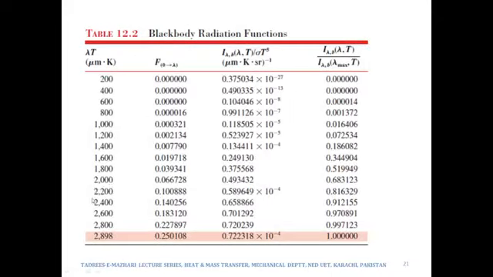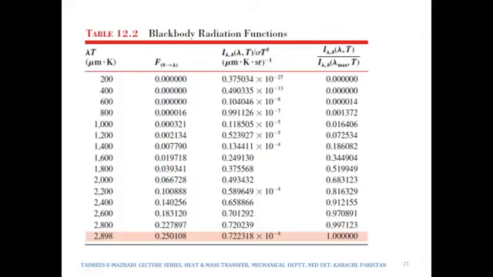Now at 2320, at 2200 this fraction is 10%, and at 2400 micrometer Kelvin this fraction is 14%, 0.14. So at about 2300 that would be near 12%, or just more than 12%.